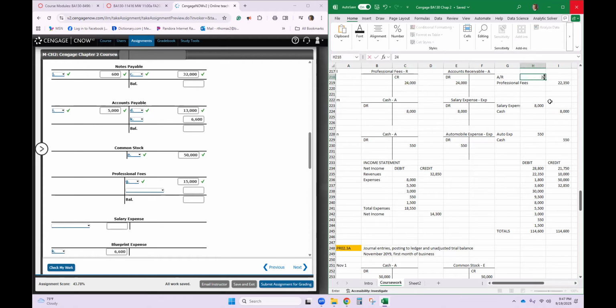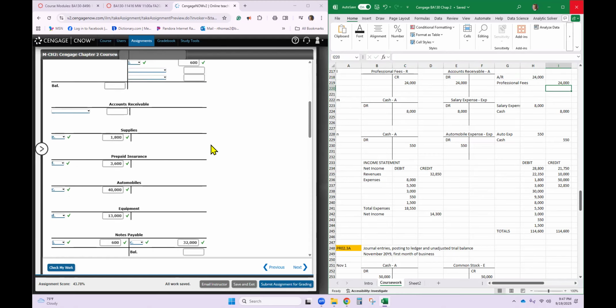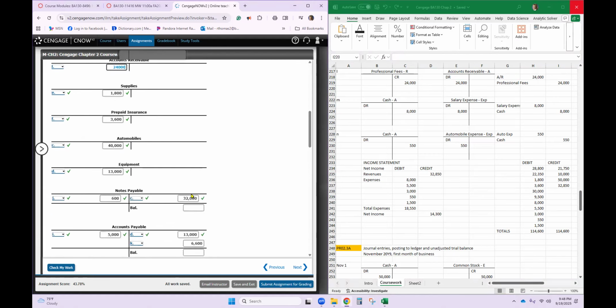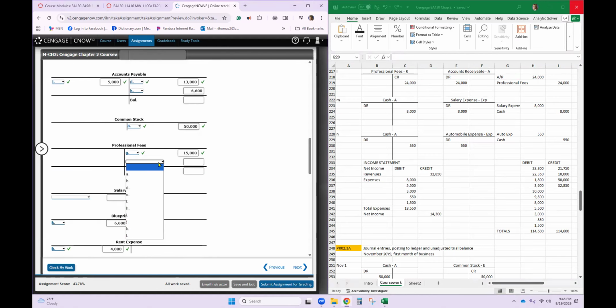Okay, so if we were going to make a journal entry, we record the debit first. Okay, and then so now let's put in accounts receivable for 24,000, and we record the revenue for the job we did. Okay, there's that.